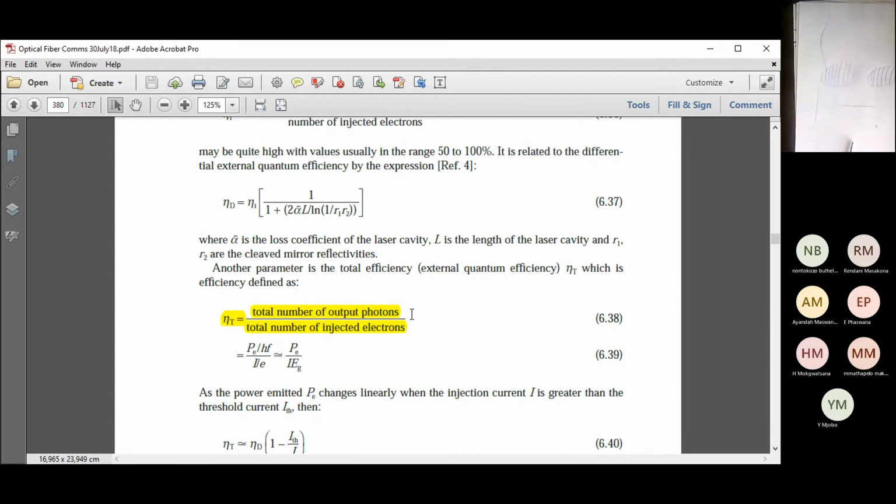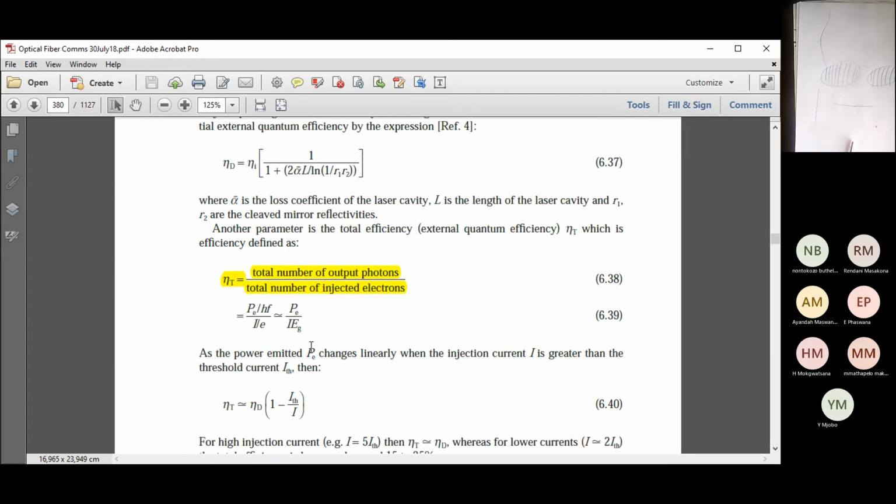So it's how many photons you get out for this current. If you have 1 milliampere and you get 100 photons out, it's sort of like that. The quantum efficiency is also equal to PE over IEG.